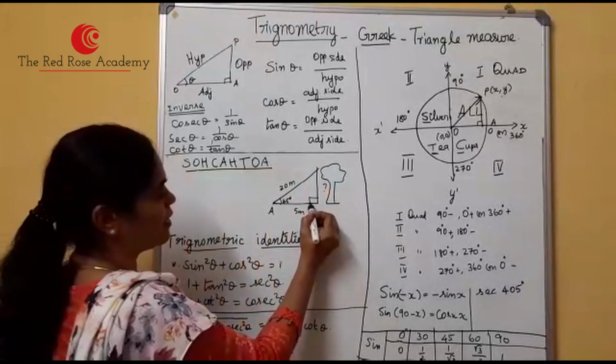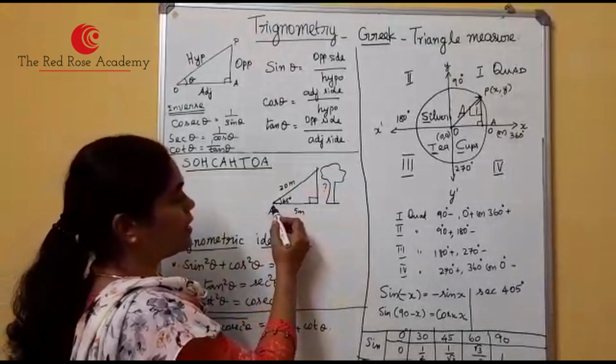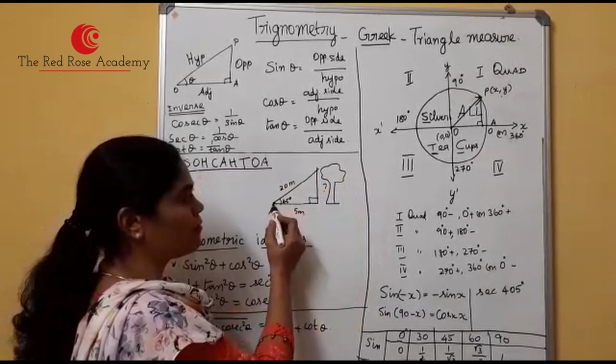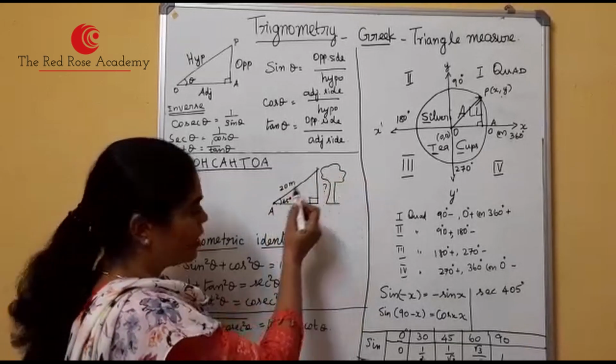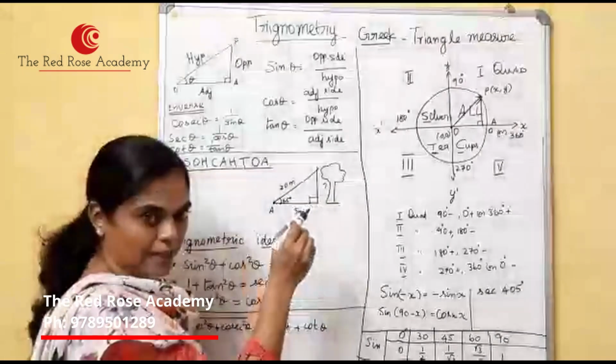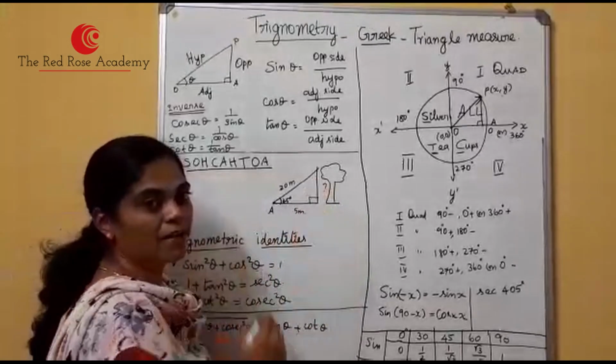We can construct a right angle triangle. Now we can easily see the angle of elevation. Suppose the man sees the top of the tree at an angle of elevation of 45 degrees. With these measures, we can easily find the height of the tree.